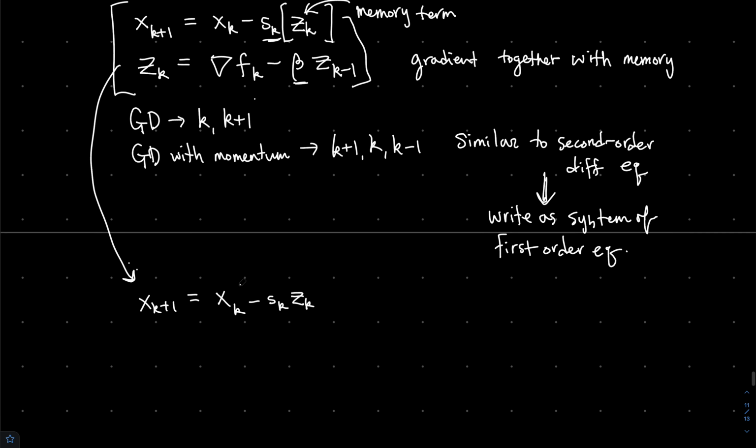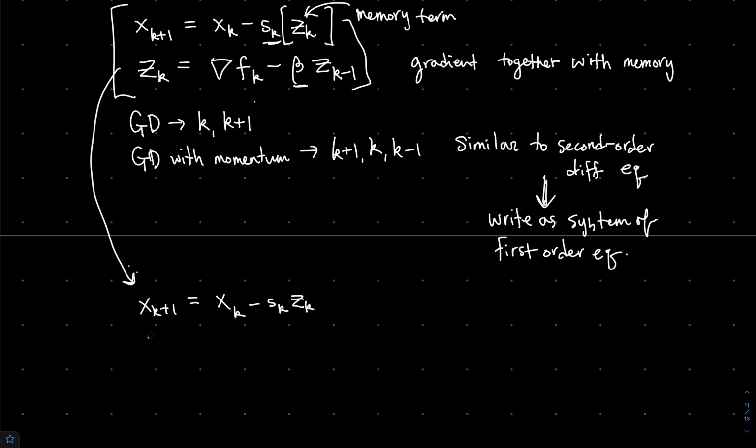Now, the second equation, we want all k plus 1 terms on the left-hand side, and preferably we only want k terms on the right-hand side. So in order to do that, we need to plug in k plus 1 instead of k and k minus 1.